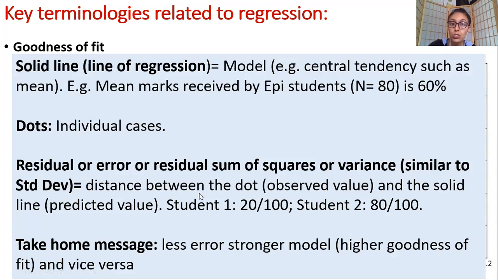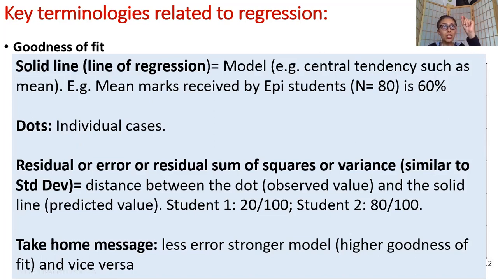The line of regression is a marker of central tendency, such as the mean. With the same example, if you have 80 students in the class and they receive 60 out of 100, that is the mean or average mark, the overall tendency, and the question is how your individual data points fare against it. Dots are your individual cases: those 80 individual students.